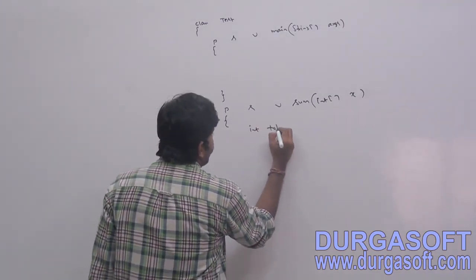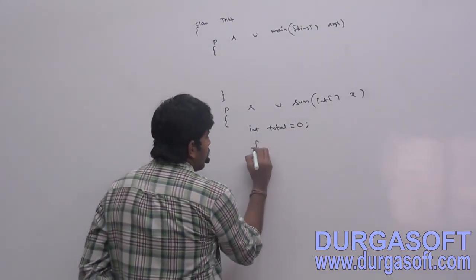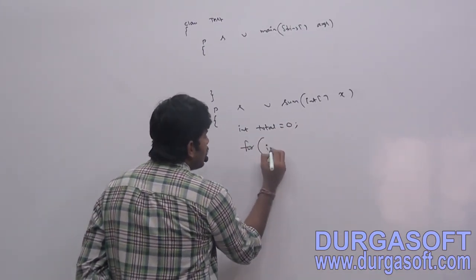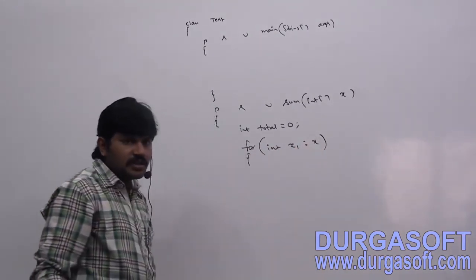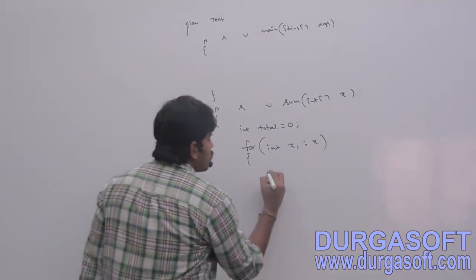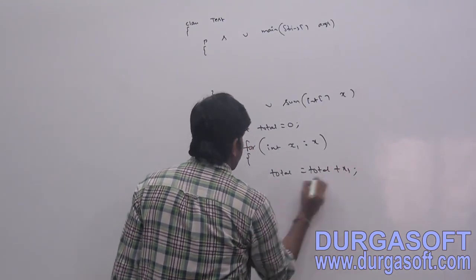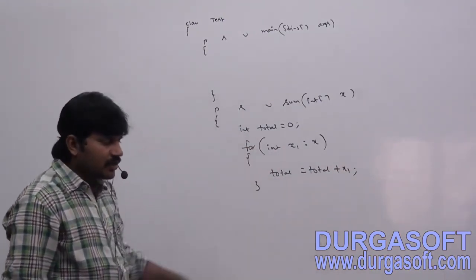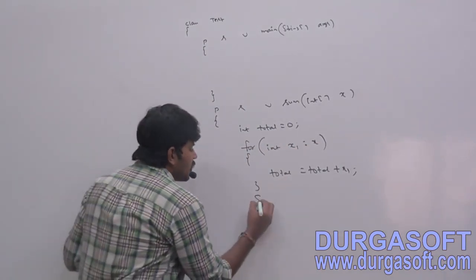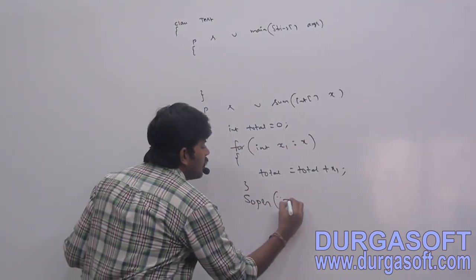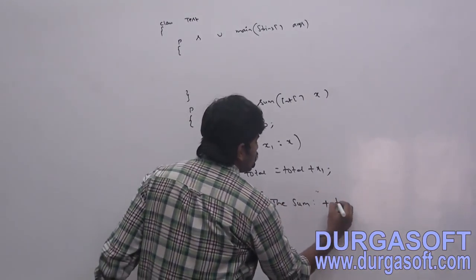int total = 0. For each int value x1 in x, total = total + x1. Then System.out.println, the sum is total.